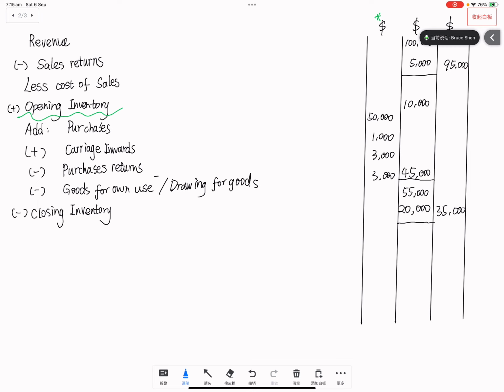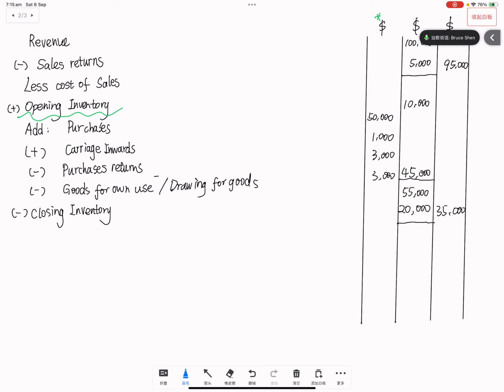Remember, if we calculate cost of sales, we only calculate carriage inwards because this is something we need to bring to our business, but we do not calculate carriage outwards. That is something that belongs to the next part. Okay, we get the 35,000 as our cost of sales. And then we minus this from the net revenue.